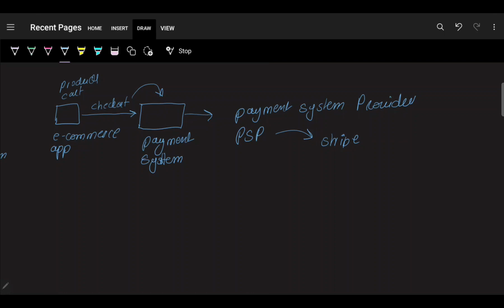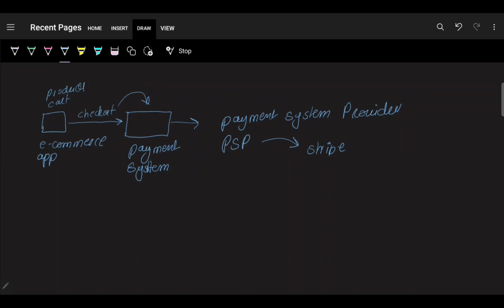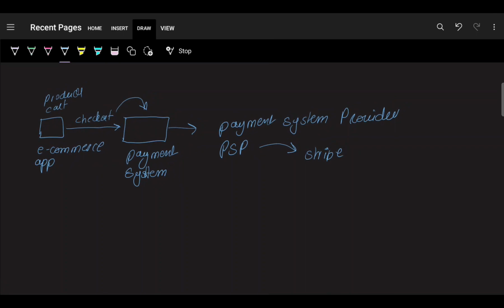A PSP is just a provider that provides you the compliant and regulated solution upon which you can base your payment system. So mostly everything goes here. This can involve risk checks, fraudulent activity detection. So basically, this is what they take up.